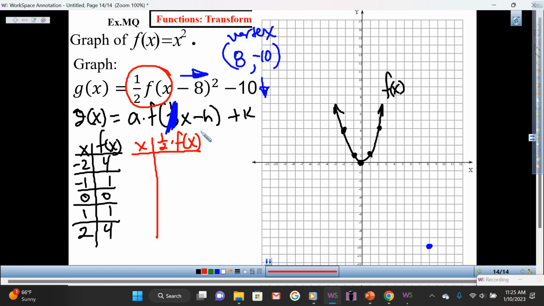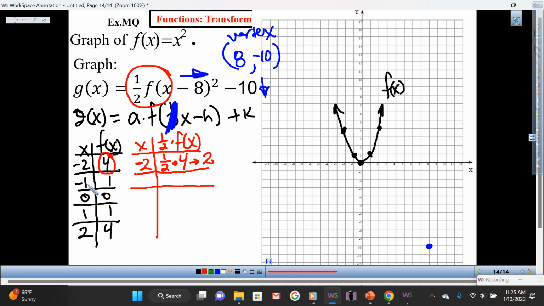All right, so start with our first value, negative 2. What are we going to do? We're going to multiply 1/2 times f of X when X is negative 2. What is f of X, guys? Yes, 4, so 1/2 times 4. So 1/2 times 4 is 2, all right?